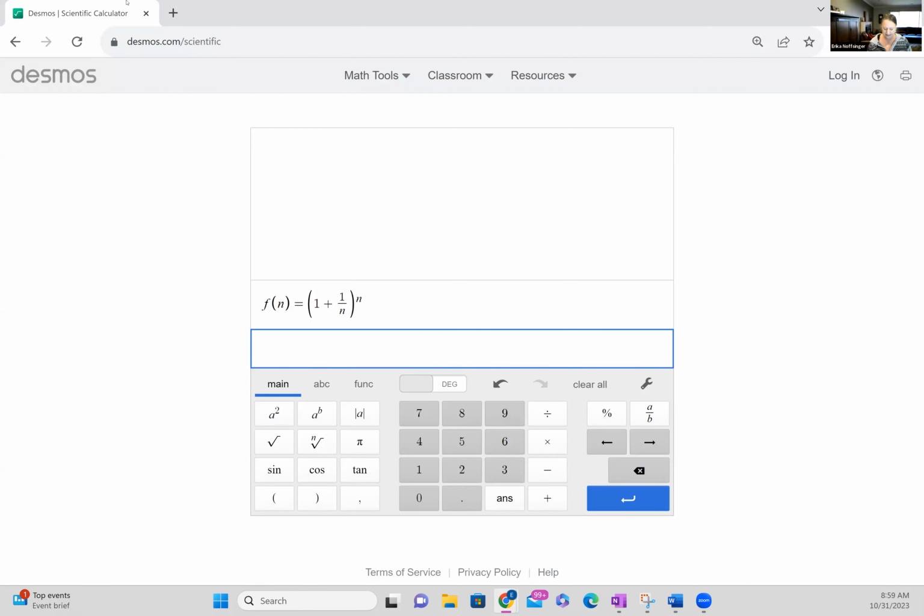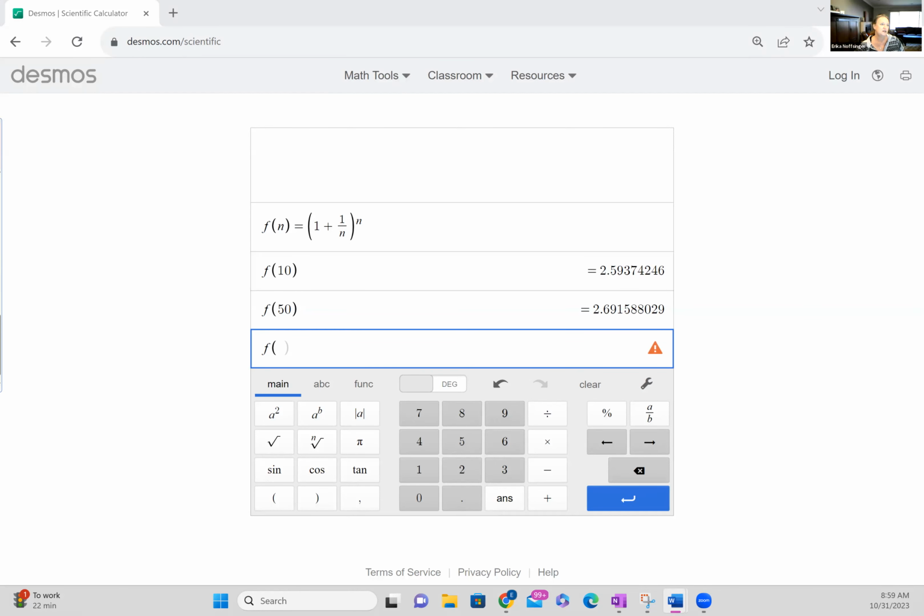So if we plug in 10, notice we get back 2.5937. If I plugged in 50, so f of 50, n is 50, we get 2.691. Okay, so they're similar, but notice the decimals are off a little bit. So let's go a little further.